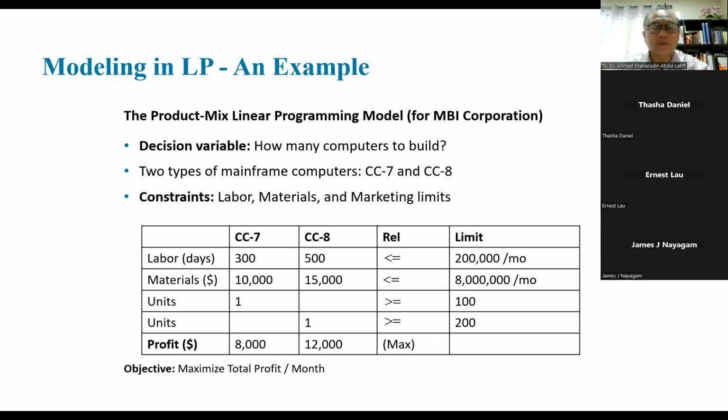Labor, because the CC7 will take 300 labor days. CC8 is 500 labor days. So there is a limit of 200,000, less than or equal to 200,000, maximum 200,000 labor days per month.